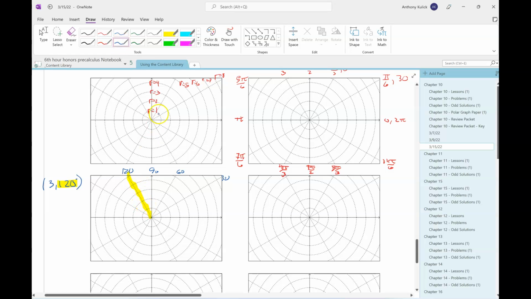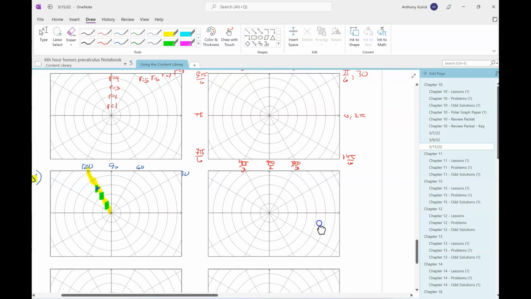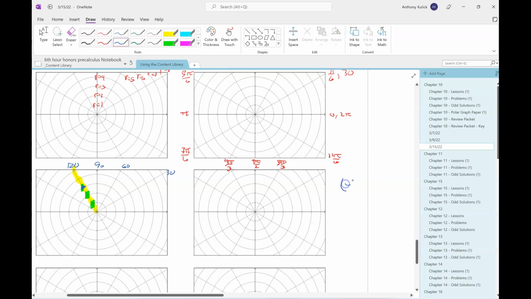So 1, 2, 3. So there's our point. Everybody happy with that? No big deal. Let's go over here and try this one.